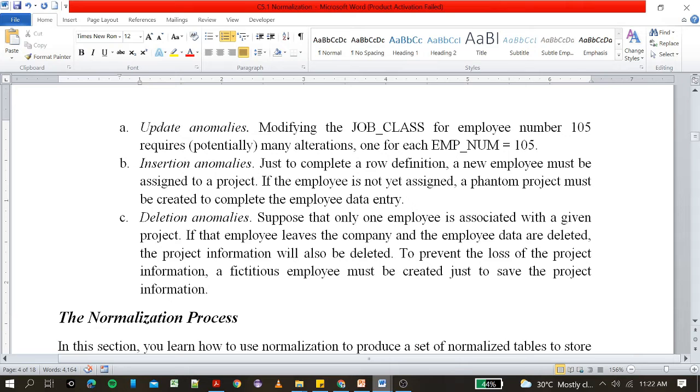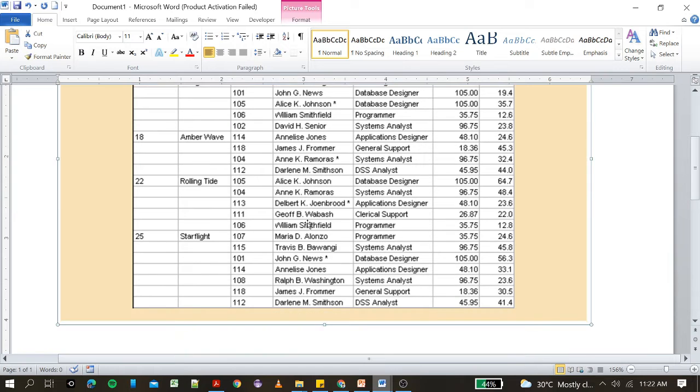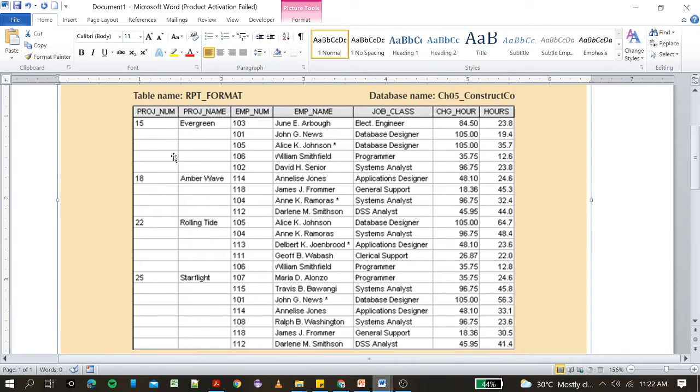So, halimbawa, yung isang employee dito, nag-leave siya dun sa company. Sino pwede nating pag-leave? Si Darlene Smithson, kapag nag-resign siya dito sa company na to, at dinelete yung employee record niya na yon, yung project information na Starflight at Amberwave ay madidelete din.